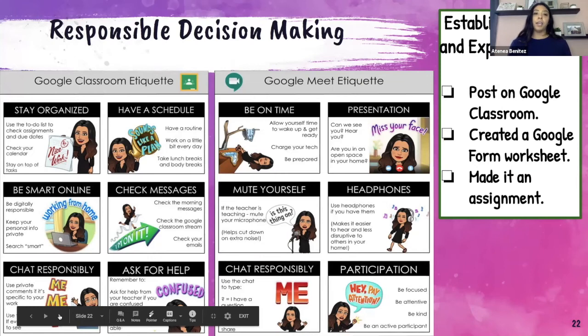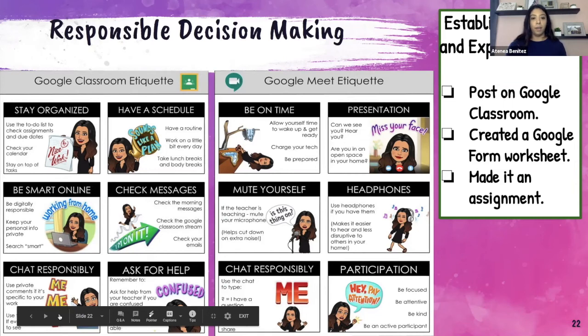In the first week, I had students writing as if they were texting. Since it was on a computer, they wanted to put emojis in the middle of a paragraph, and they wanted to write "u" instead of the whole word "you." So I came up with Google Classroom etiquette and Google Meet etiquette, which are just rules and expectations for when we're in Google Meet and on Google Classroom.